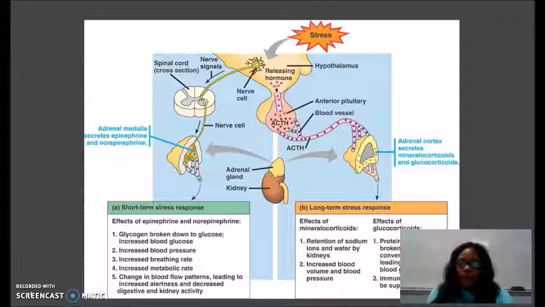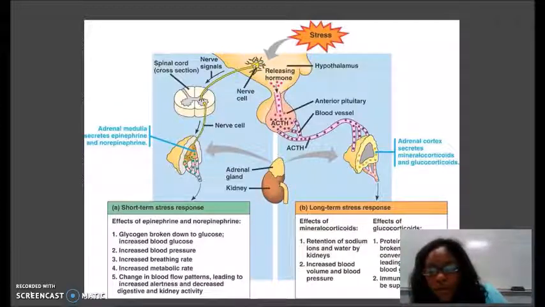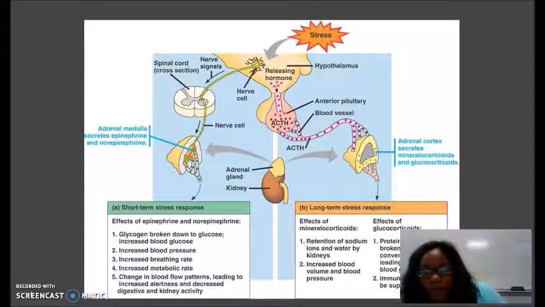The effects of minerals is the retention of sodium ions and water by kidneys, increased blood volume and blood pressure. Proteins and fats are broken down and converted to glucose, leading to increased glucose. The immune system may be suppressed.